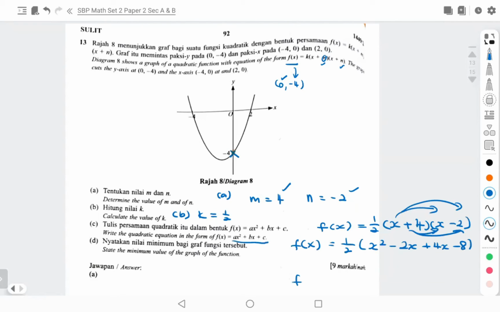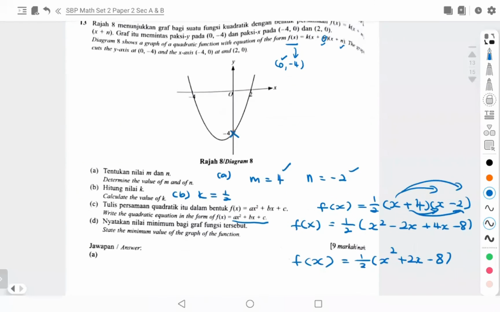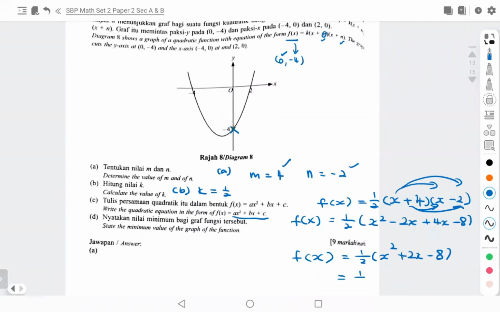Since you want the general form ax squared plus bx plus c, the 1/2 has to multiply in also, so all divided by 2.